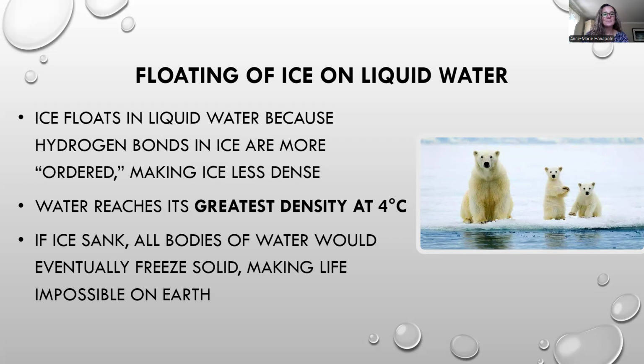We don't want that. We need those organisms to be able to survive in that aquatic ecosystem. And so it's important for the ice to float to allow aquatic ecosystems to survive the winter. So how that's possible is, again, hydrogen bonding.